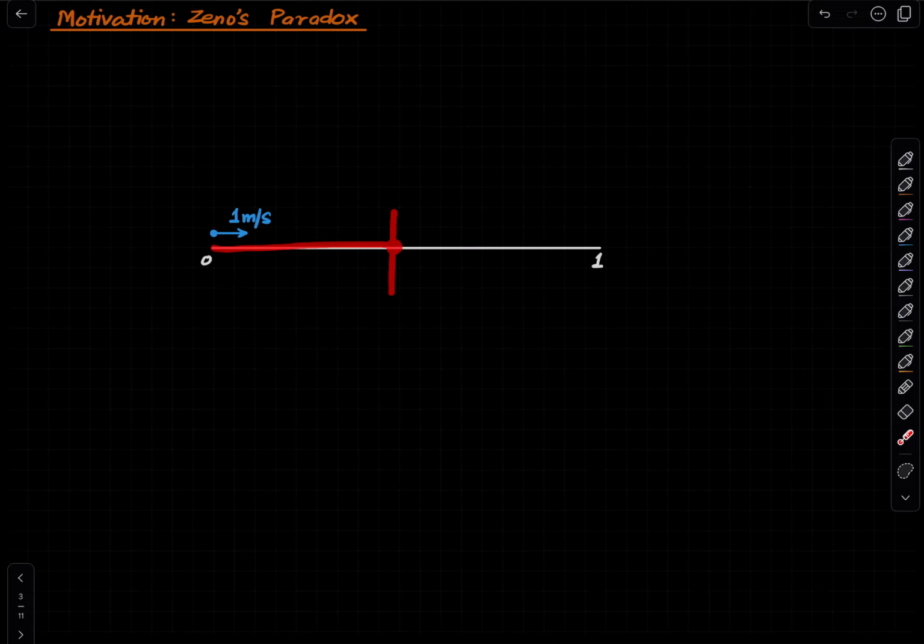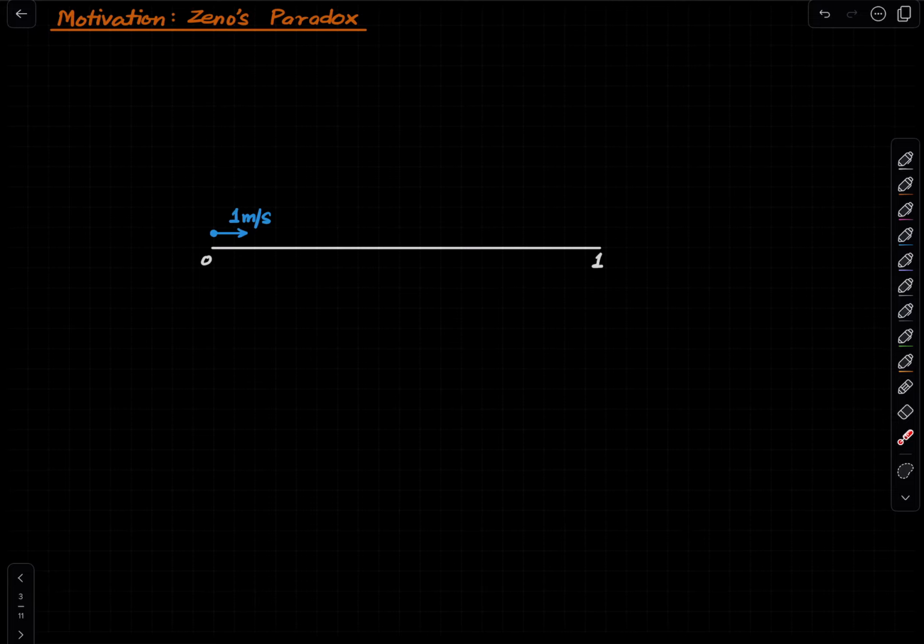And then there must come a time when he has covered exactly half of the remaining. And then there must come a time when he has covered exactly half of the yet other remaining segment, and so on and so on. So it seems like there are infinitely many steps involved in this process, and therefore the snail should never reach the end. Right? It sounds like no process should ever finish.